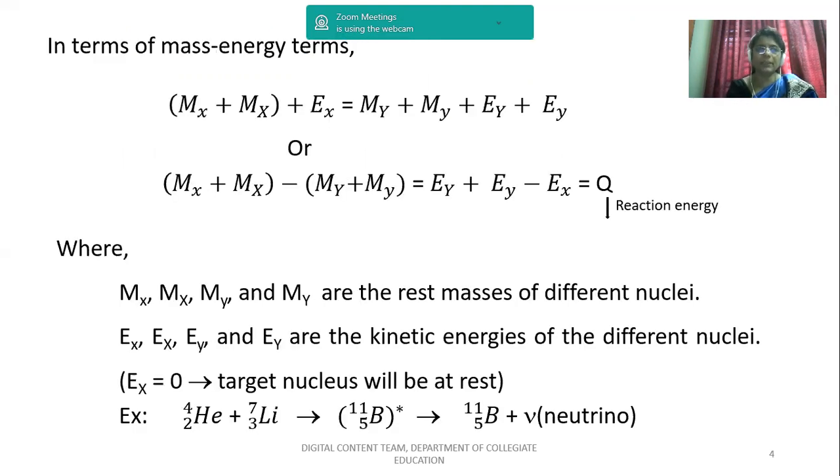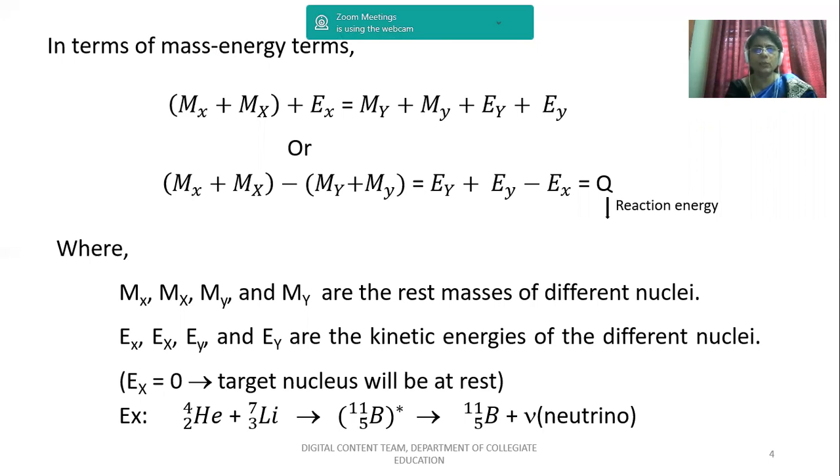In terms of mass energy, we can write the expression as capital M with small x as subscript, representing the rest mass of the projectile, plus capital M with capital X as subscript, representing the rest mass of the target nucleus, plus E with small x as subscript, which represents the kinetic energy of the projectile.